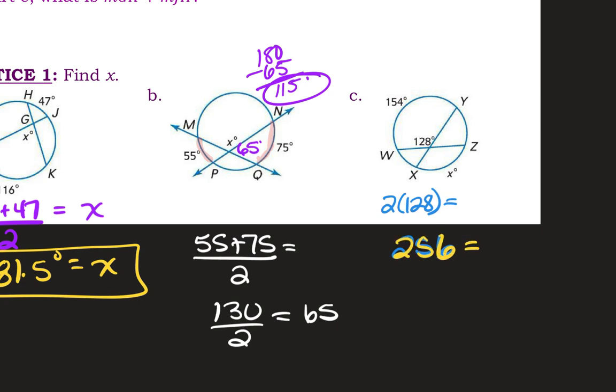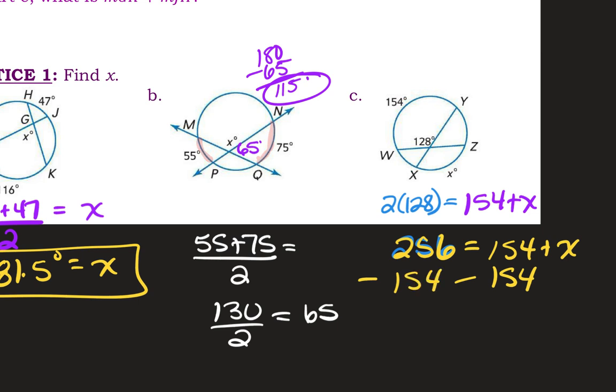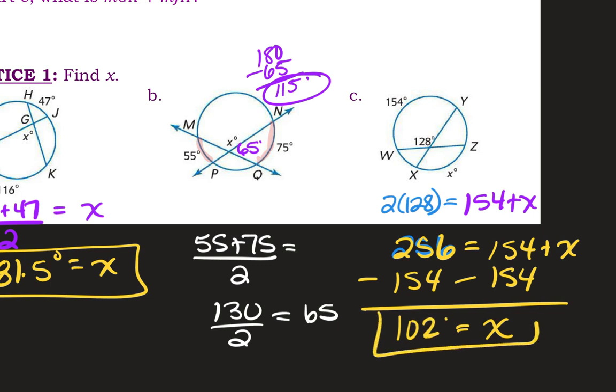Subtract 154 from 256. So this is 154 plus x. So you said subtract 154. Okay, so what's our difference of 256 and 154? 102? All right, thank you, sir.